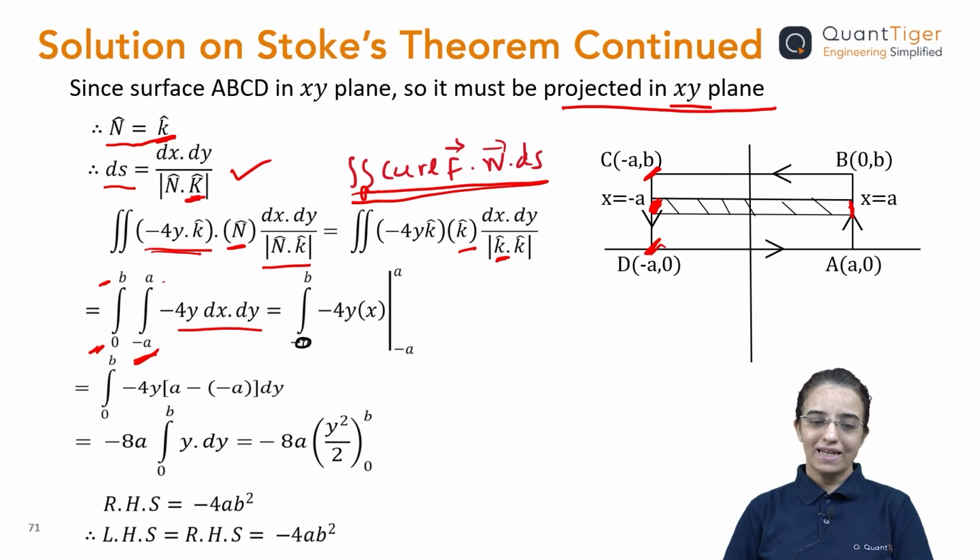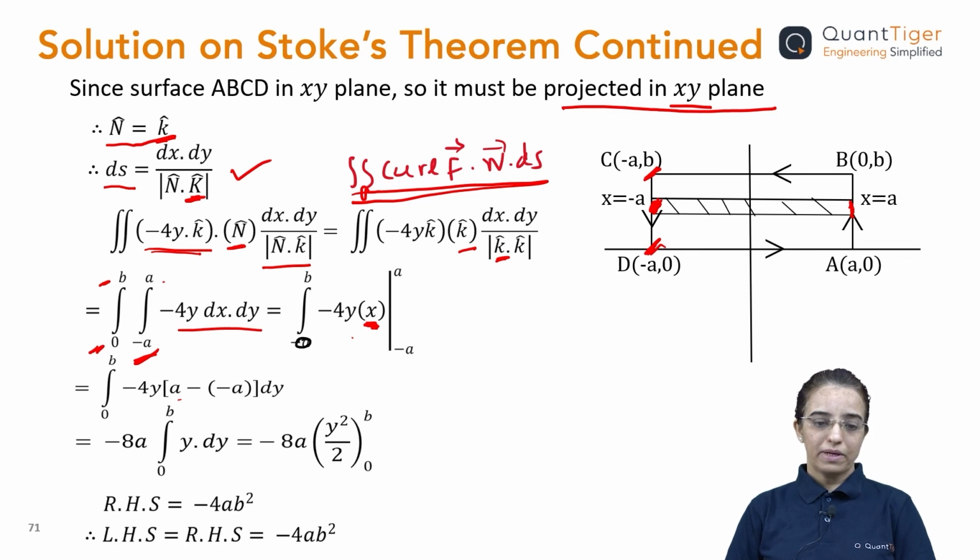So now start integrating. First of all we will take the integration of minus 4y with respect to x, then keep the limits. The upper limit and lower limit of x are a and minus a.